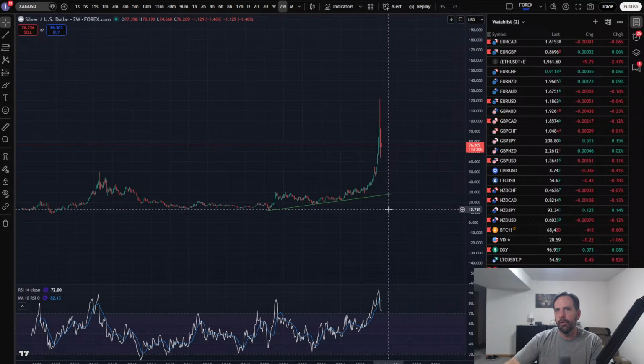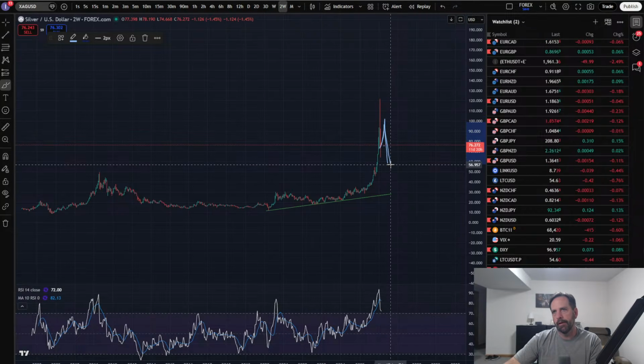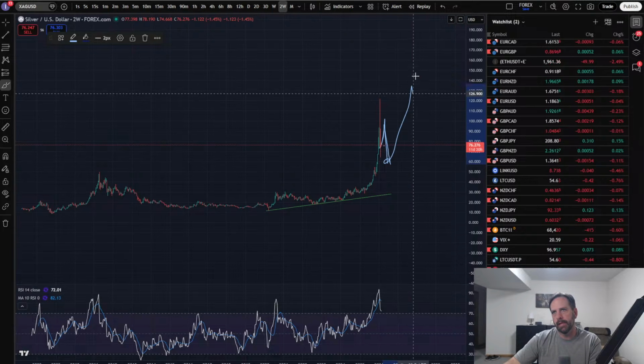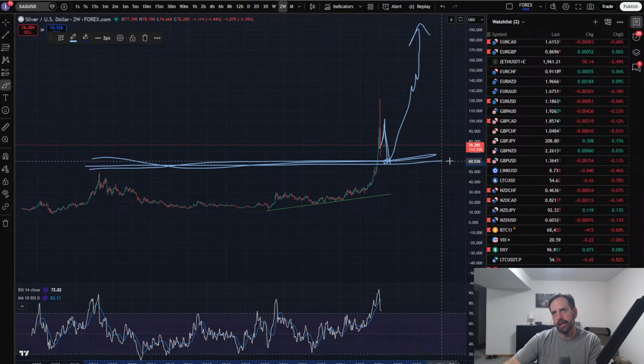In an ideal world for me, I think we just come up, boom, boom. This could be a three-wave move very quickly into the summer, and then we get another spike. So yes, it's possible we could see 50 or $60 silver again, but it's not going to stop there.